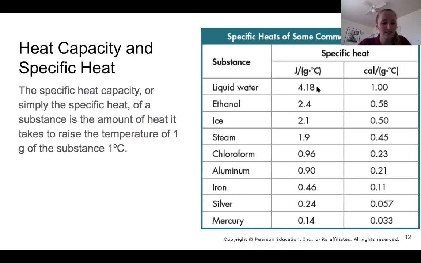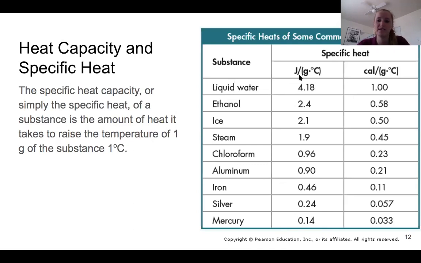And like I mentioned earlier, if you boil water, it takes a while. It doesn't happen that fast. While if you think about mercury, it's liquid at room temperature. It's the only metal that is liquid at room temperature. It has a very, very low specific heat. So if you wanted to change its state from solid to liquid to gas, it's very easy, while liquid water takes a lot more energy.